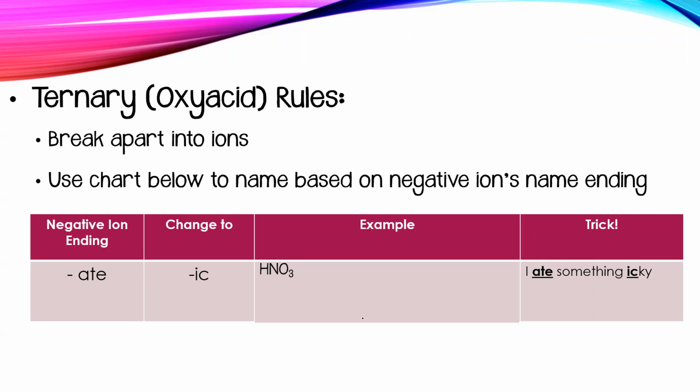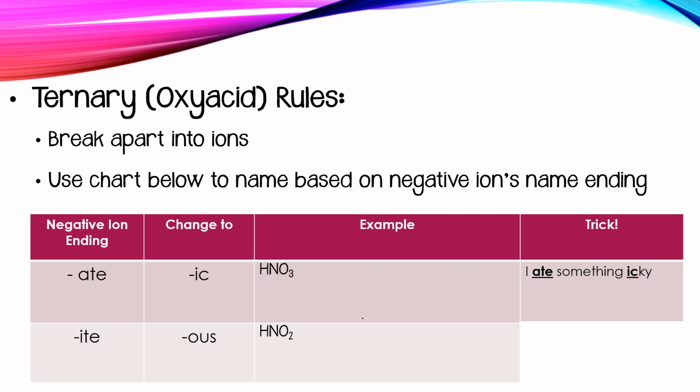You don't do anything with hydro though. You just name it based on the polyatomic ion, the radical, and then change the ending and add the word acid. If you have your polyatomic ion radical ending in ITE, you change it to OUS. So for example, HNO2, you've got the positive hydrogen, the negative NO2, NO2 is nitrite.